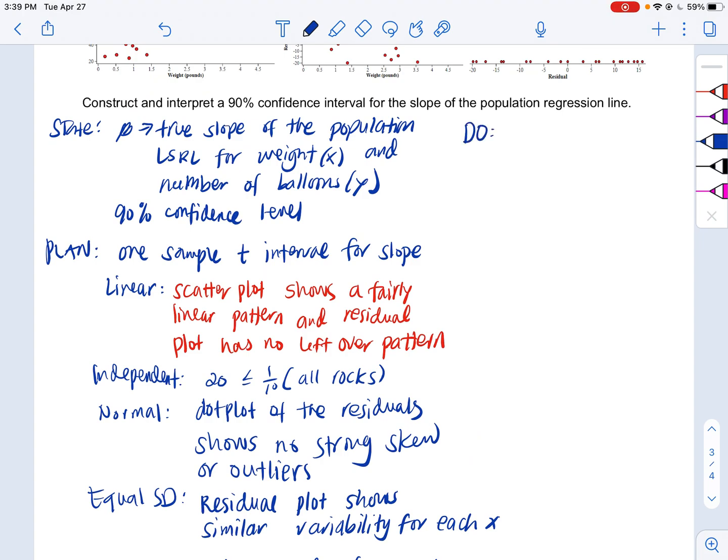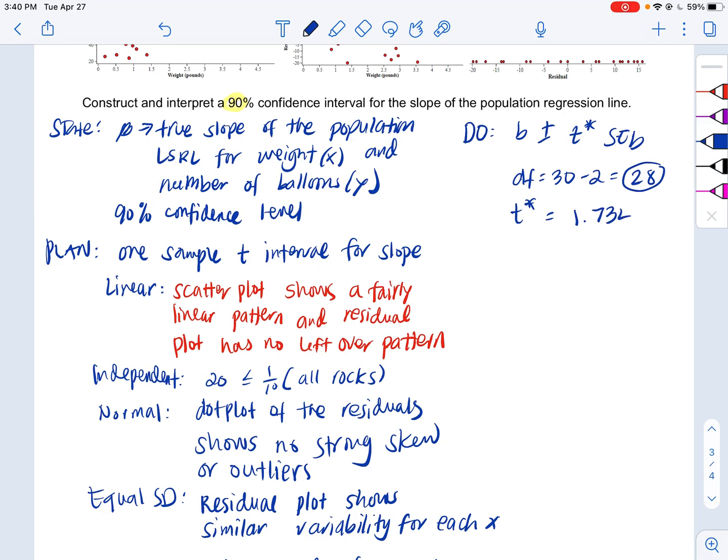So for my do section, I will do B plus and minus T star times SEB. I'm going to figure out my DF first. DF is 30 minus 2, so my DF is 28. And my confidence level is 90%, so I'm going to look for 90, and then I'm going to look for 28.